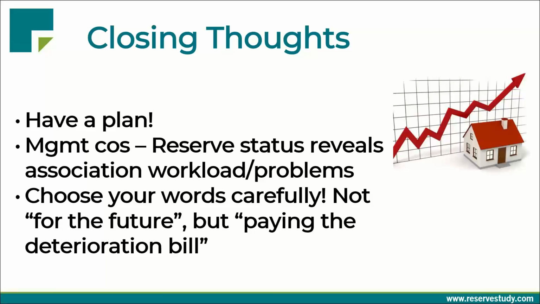Choose your words carefully. The expenses may be in the future, but the contributions are ongoing, paying the deterioration bill. The deterioration of the roof this month, the deterioration of the fence this month, paying that deterioration bill, it's everyone's obligation as long as they own a home in the association.